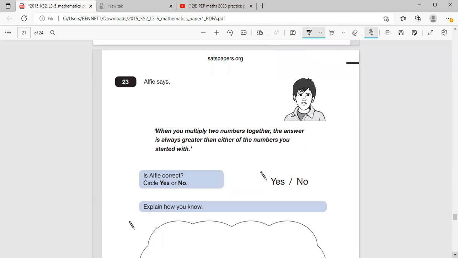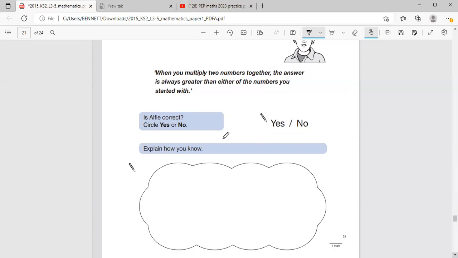Alright, so Alfie says, when you multiply two numbers together, the answer is always greater than either of the numbers you started with. Is this correct? Explain. That is indeed not correct. It depends. Let me show you an example. So no, it is not correct.